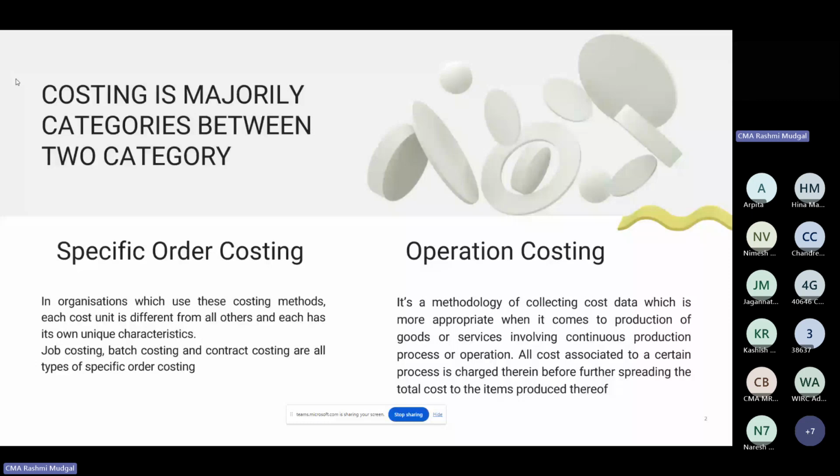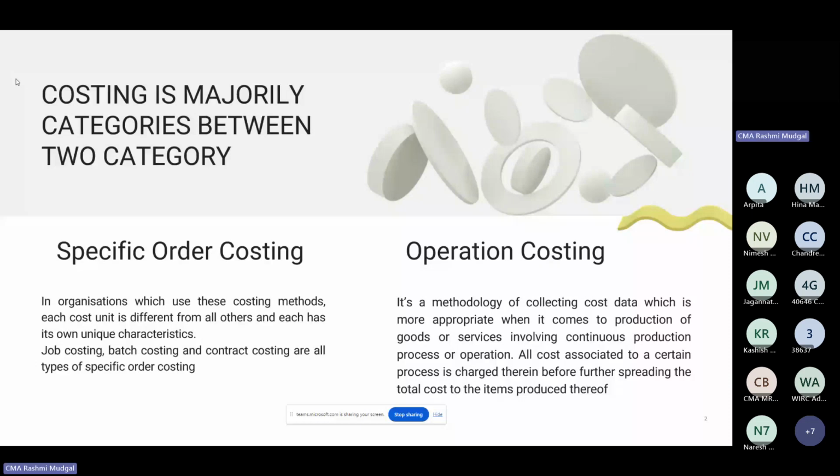Here we go for operation costing. How it works: all the costs are associated with a certain process and charged before further spreading to the total cost. It is basically the production of pens, the production of pencils, which are identical to each other.